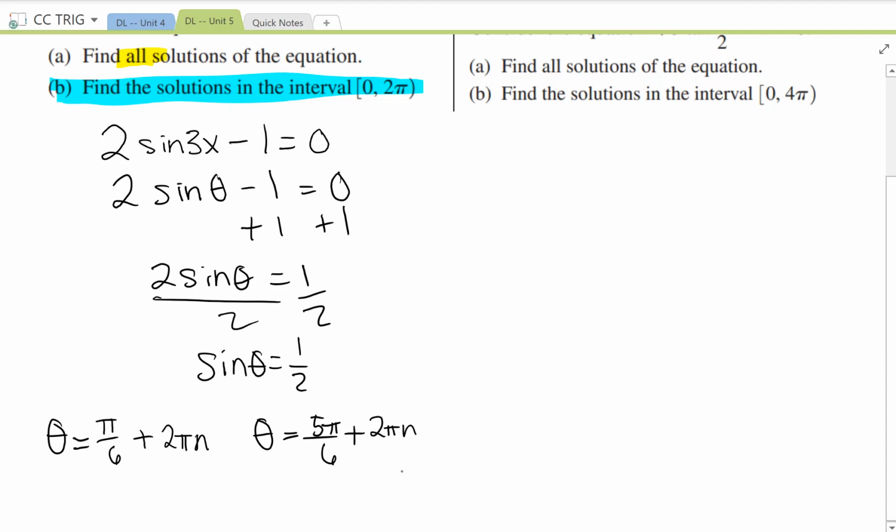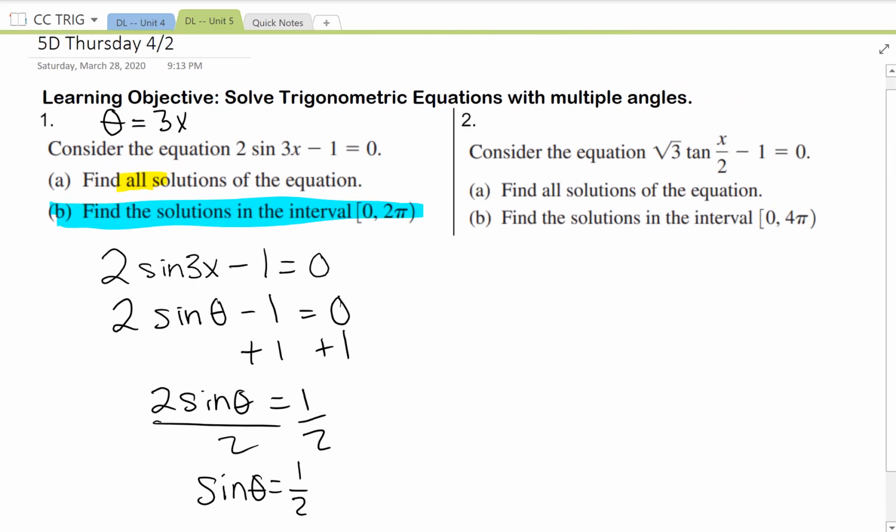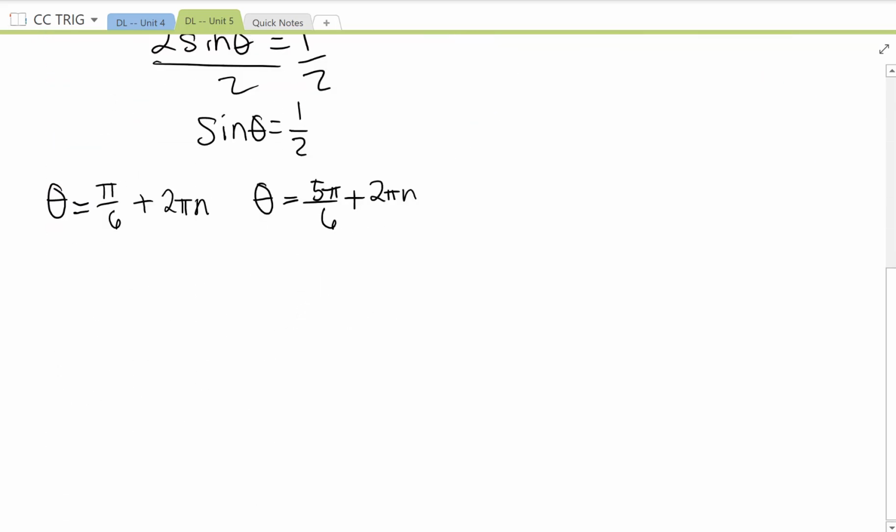Here are the two expressions that represent theta, but our original problem had x, so we need to substitute back in. We originally decided that theta would represent 3x, so now replace theta with 3x.